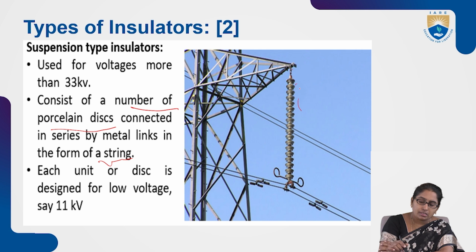You can see this in the figure also. This is how the suspension type insulator looks. A number of discs are connected in series by metal links, which forms a string.